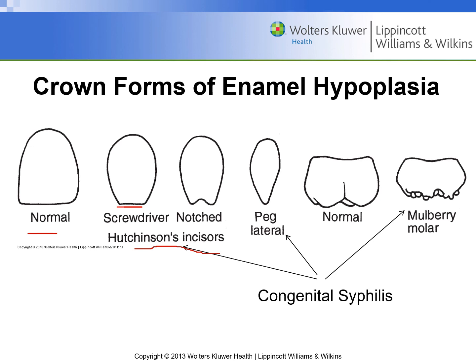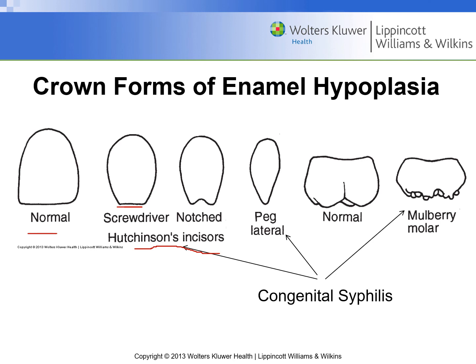Or you can have abnormally small teeth: normal-sized teeth, and then a really small, skinny, shorter lateral, called a peg lateral. Sometimes those develop on one side, and sometimes on both sides of your mouth. These enamel hypoplasias are mainly on the maxillary teeth.